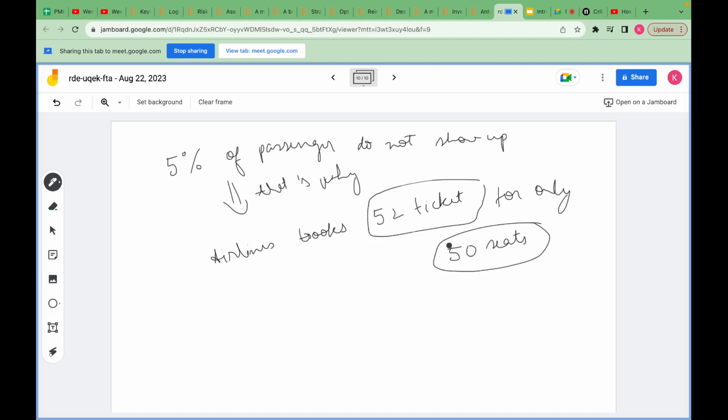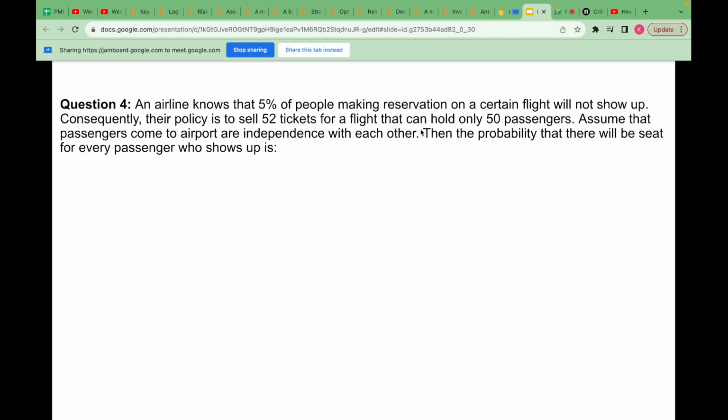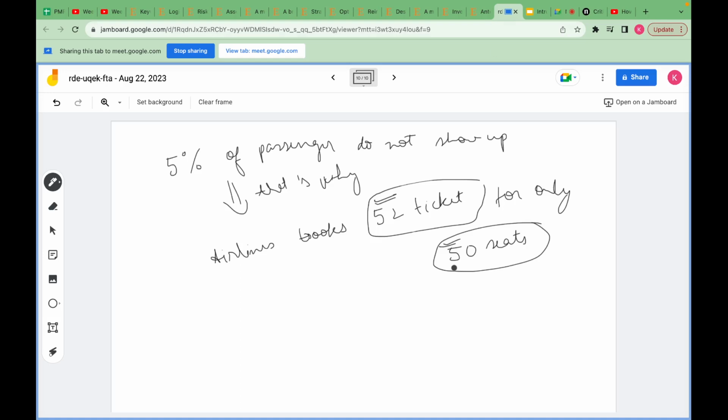Now we are asked what is the probability that there will be a seat for every passenger who is going to arrive. If the number of passengers arriving at the airport is up to 50, then only it is possible that every person will get a seat, because there are a total of 50 seats.